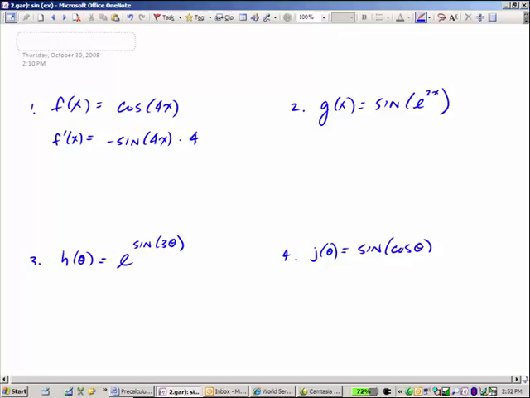It's the chain, right? What are you doing to x? Times by 4, and then cosine. That's a chain rule. That's a composite function.